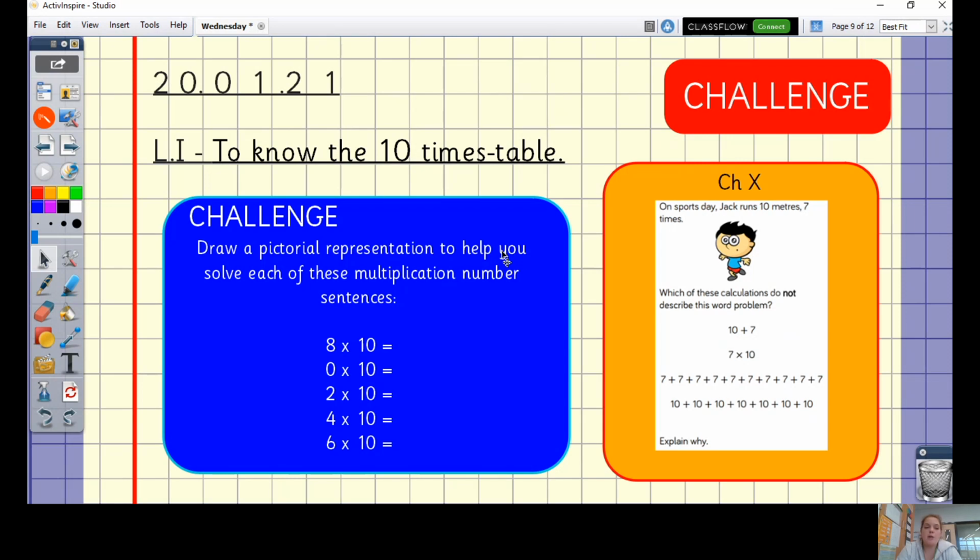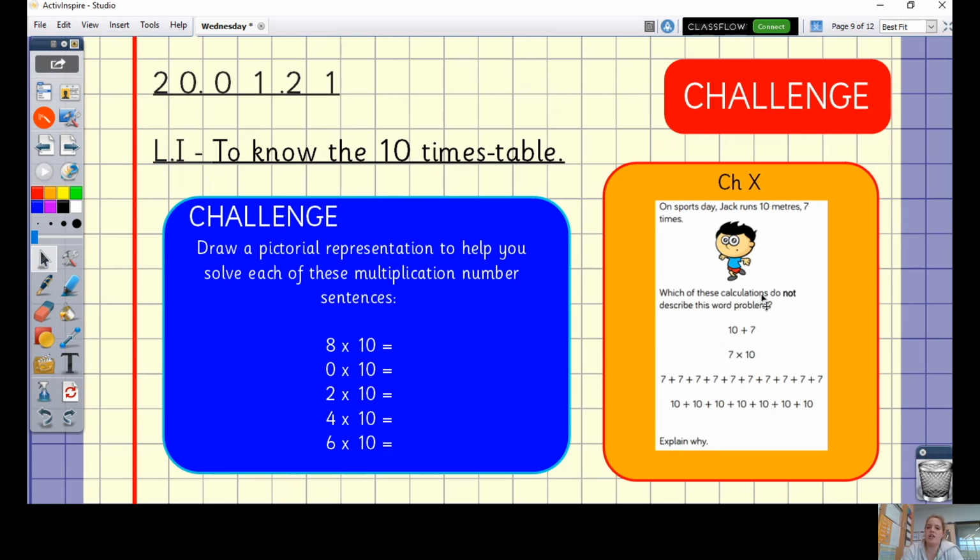If you'd rather, you may want to use a 100 square to help you, counting up in 10s 8 times, so we're counting 8 groups of 10, until we find the answer, okay? Completely up to you how you want to lay this out, how you want to answer them, but there's just those 5 number sentences there to solve.